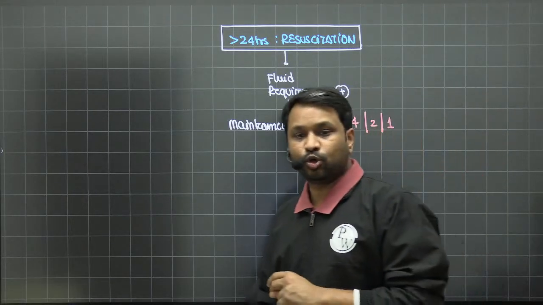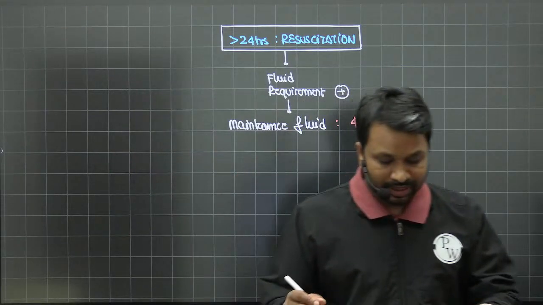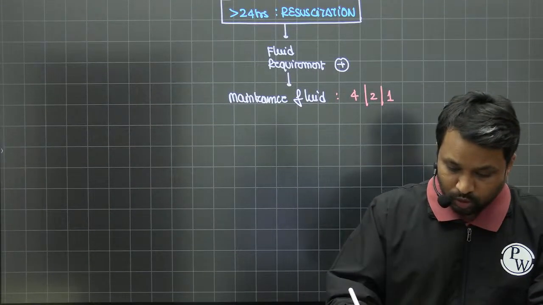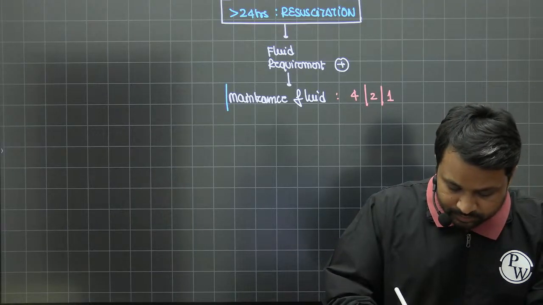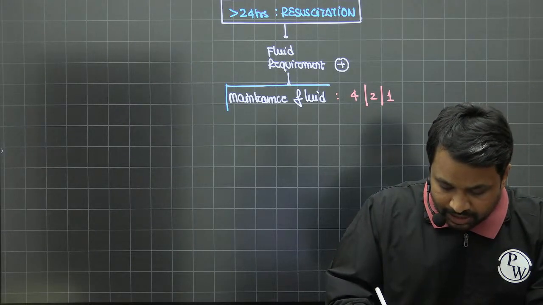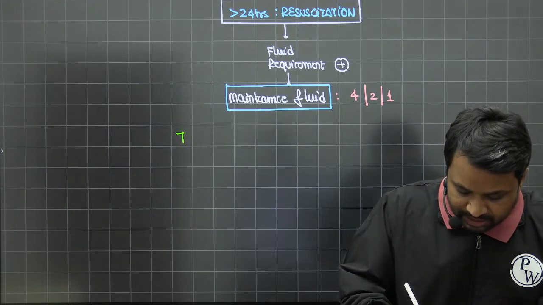Now, what is this 4 to 1 rule? What is this 4 to 1 rule of the maintenance fluid? Now, the 4 to 1 rule of the maintenance fluid says that whatever is the body weight that you're looking at, right? Now we'll take our patient's example only. We had a patient who was 70 kilograms.